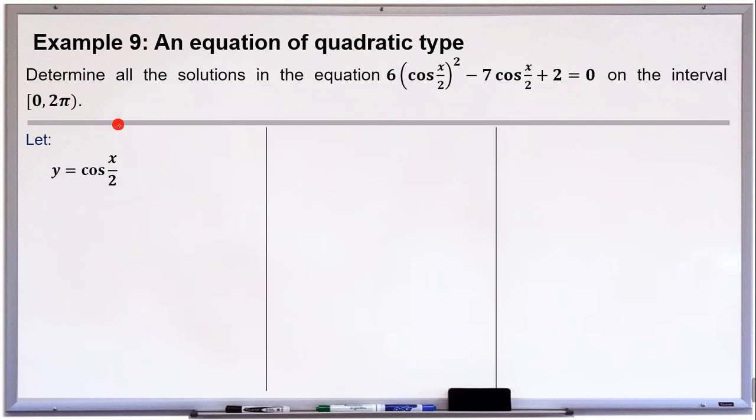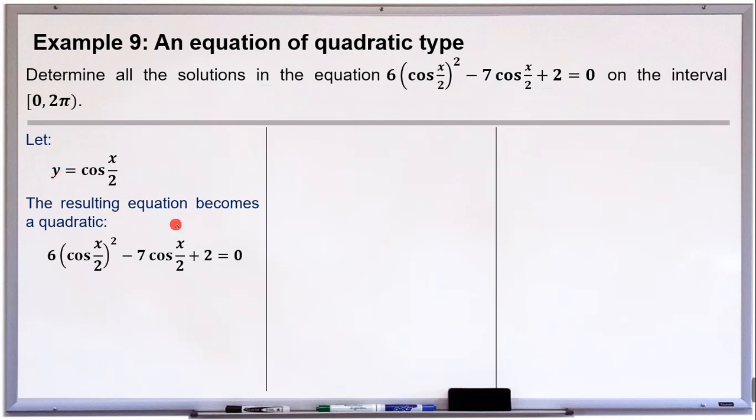For this type of trigonometric equation, we are going to transform this into a quadratic equation by letting cosine of x over 2, since this is the trigonometric expression being squared, equal to y.